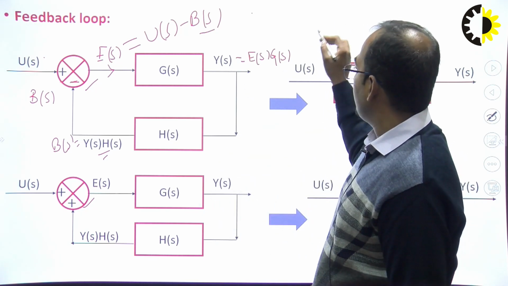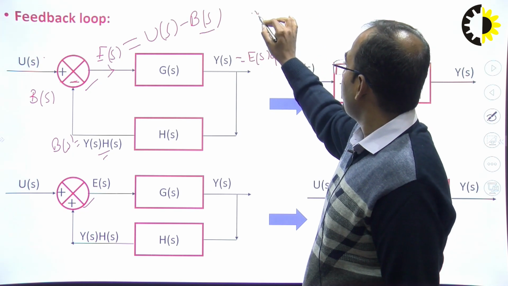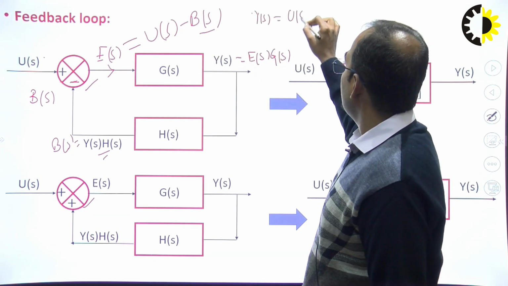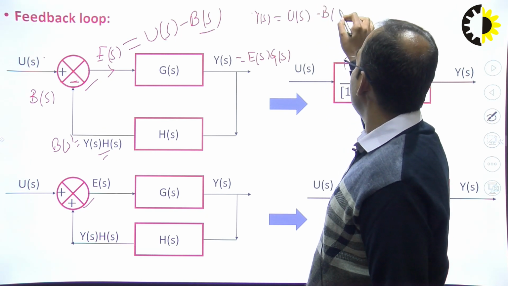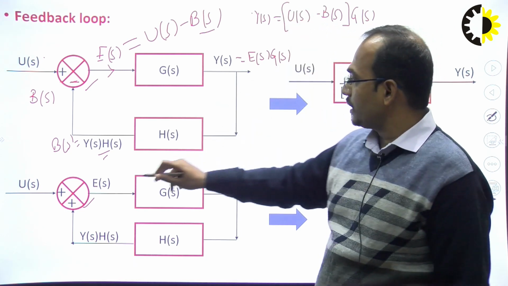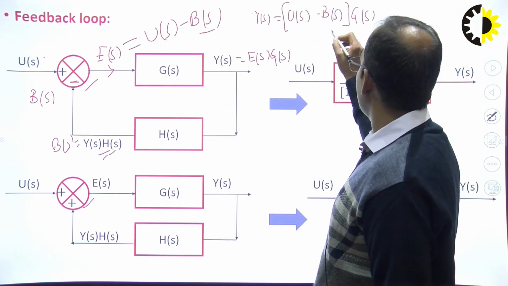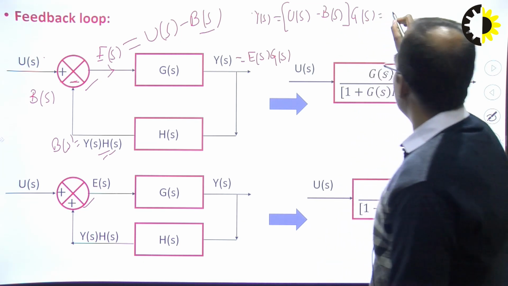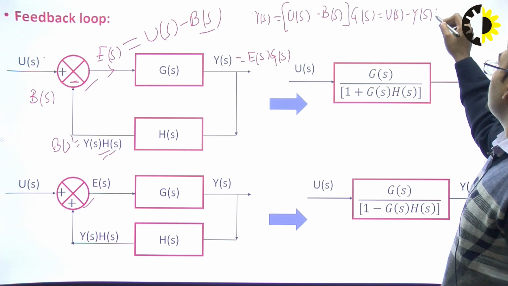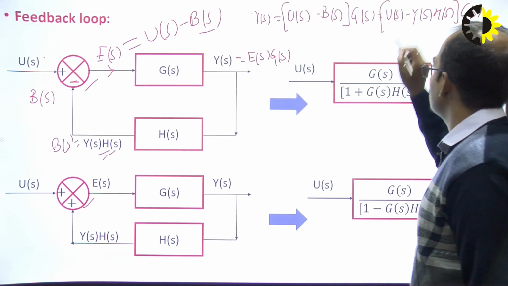So I am writing here Y(s) is equal to E(s) into G(s), where E(s) is U(s) minus B(s), and B(s) is nothing but Y(s) into H(s). So Y(s) equals U(s) minus Y(s)H(s), into G(s).